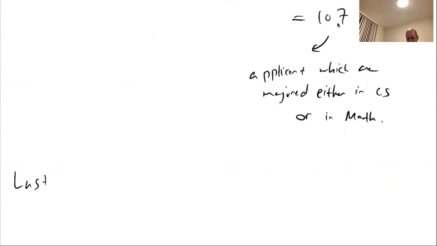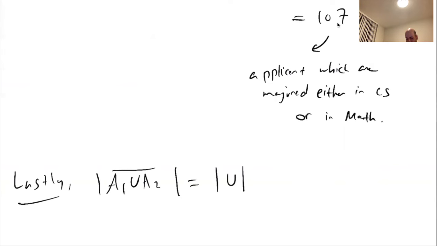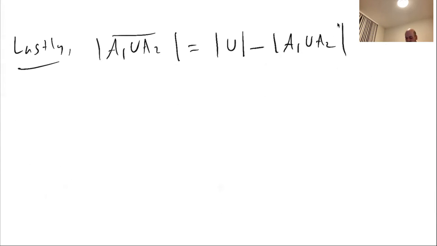So lastly, the number of elements in A1 union A2 complement is the same as the number of elements in the universal set minus the number of elements in A1 union A2 itself. So the number of elements in a complement of a set is the number of elements in the universal set minus the number of elements in the set itself, right?